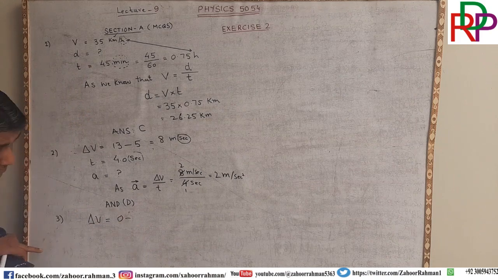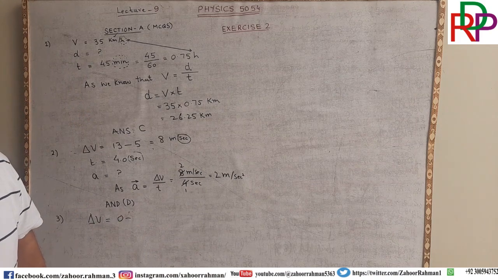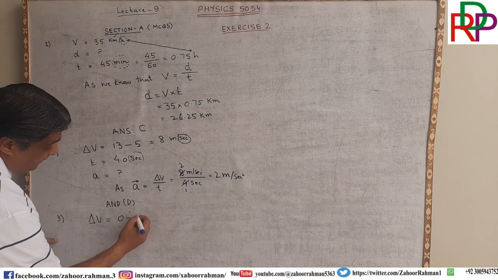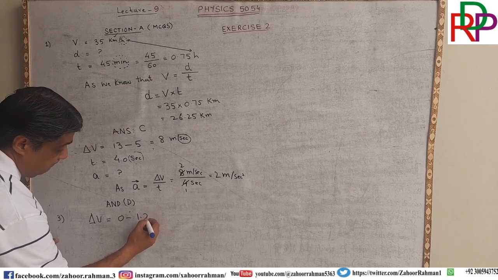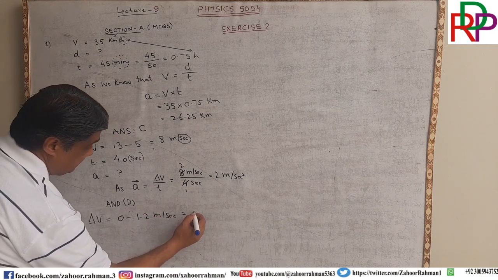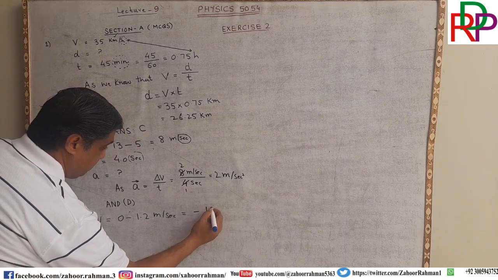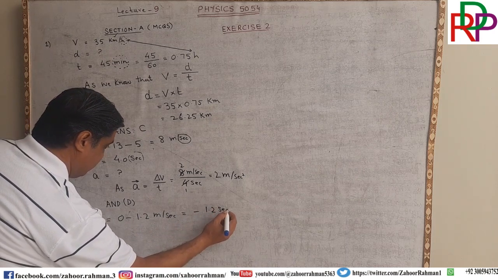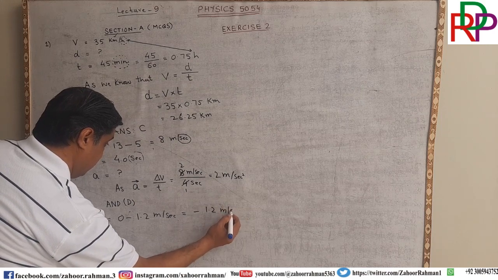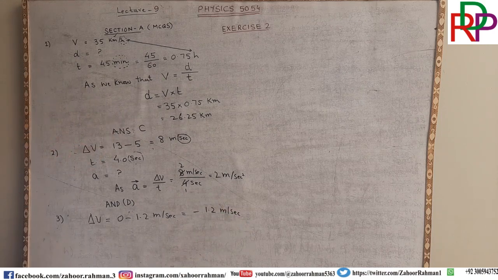When the ball is thrown upward, its initial velocity is 0, and it is reaching the final velocity of 1.2 meter per second, so it is minus 1.2 meter per second.